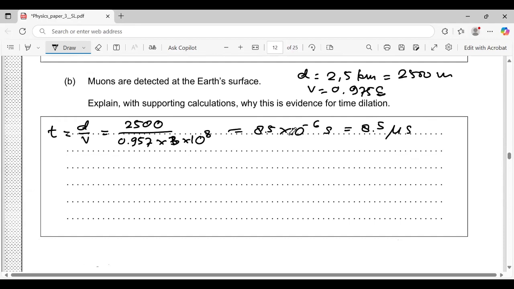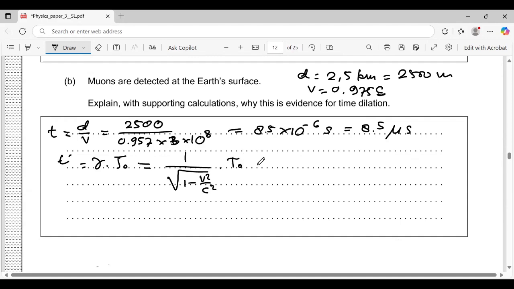And after that, we're going to find the time dilation, t equals gamma times tau zero. It's going to be 1 over the square root of 1 minus v squared over c squared, times tau zero.